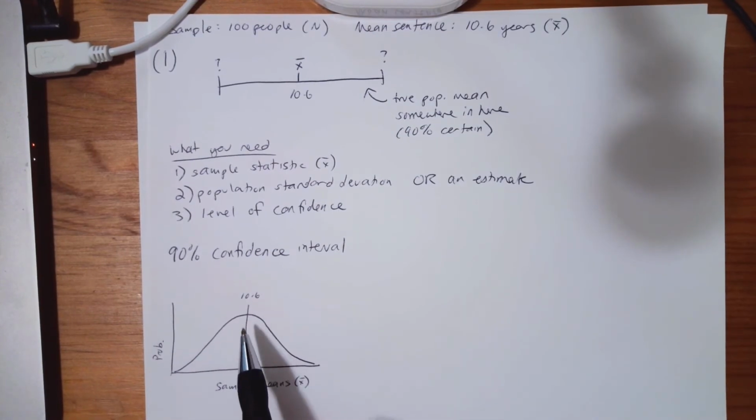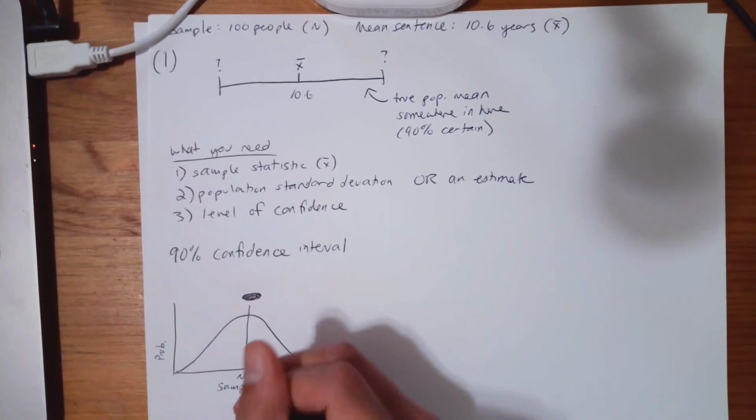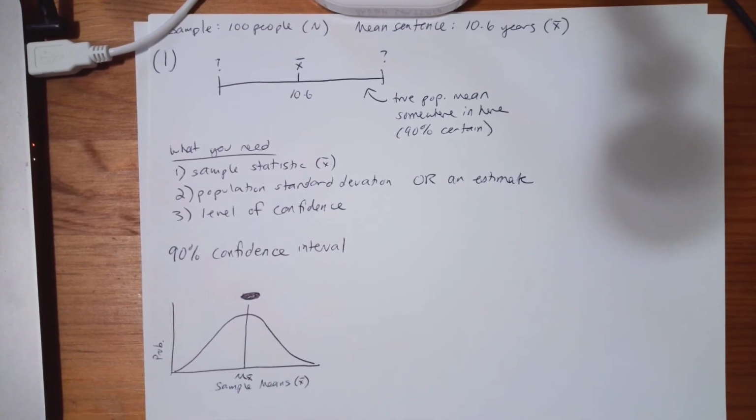And some sample means are going to be more likely and some sample means are going to be less likely. So for now we'll say this is the true population mean. So this is what we learned about last week. This is your typical sampling distribution for means, where you have means that are likely, and then as you get further away, you have means that are less likely. And we know that when a sample size is greater than 30, this sampling distribution is always going to be normally distributed.